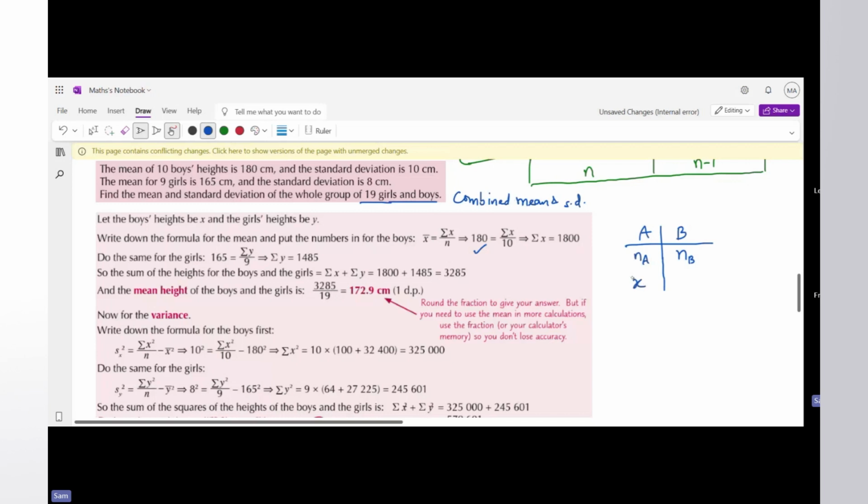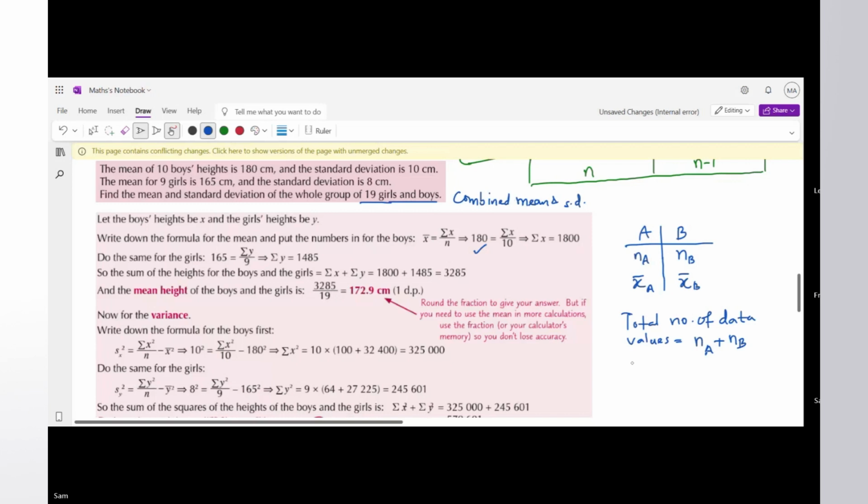Mean of group A is X bar A and mean of group B is X bar B. So what is the total number of data values? The total number of data values is NA plus NB.